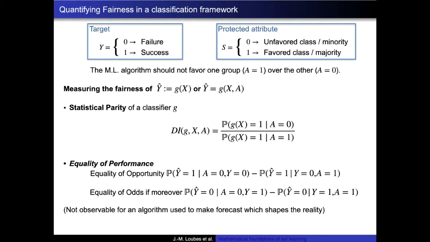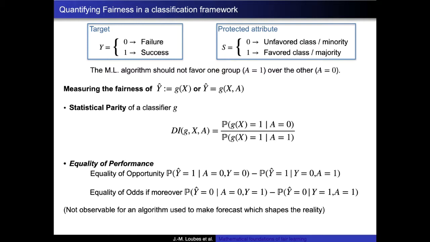So if y equal to 1 is a success, then you could look at the probability of forecasting a success while you should forecast a failure, or the other one.